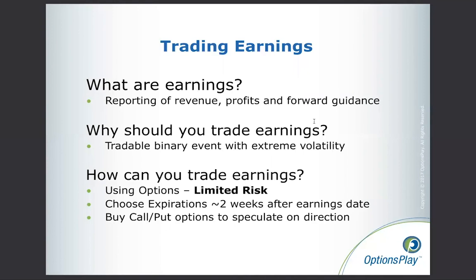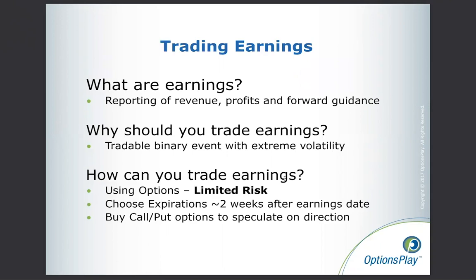So how can you be on the right side, and if you're on the wrong side, still have limited risk? That's really where options come in. Options provide you with asymmetrical risk, giving you upside or downside depending on which direction you're expecting the stock to move. But in the case the stock moves against you, in the opposite direction from what you expect, you have limited risk.